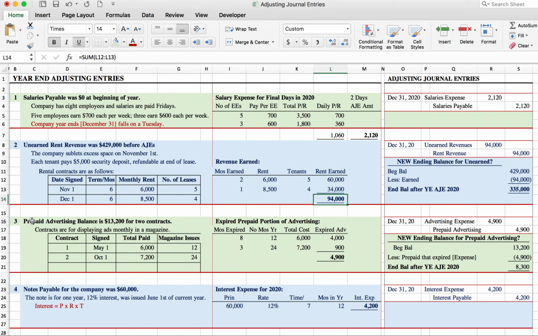In the third case, we looked at a prepaid where we prepaid advertising for 13,200, but then the amount of the expired advertising that was prepaid becomes advertising expense. And then finally, notes payable. Whenever we borrow money, interest is the cost of money, so we make an adjusting entry for interest expense, credit interest payable. With that, we're done with these 4 adjusting journal entries.